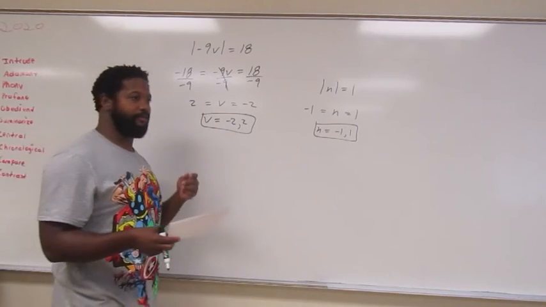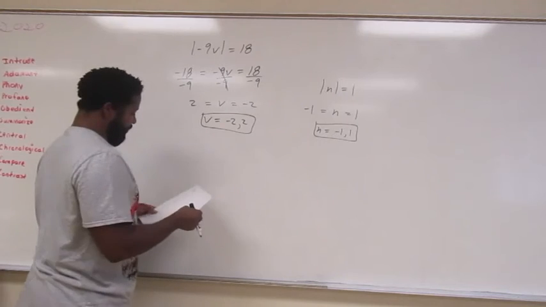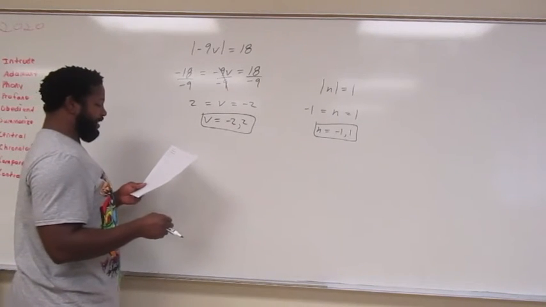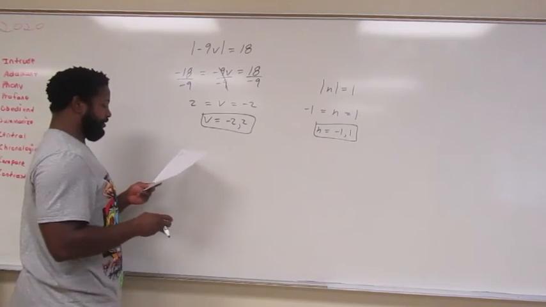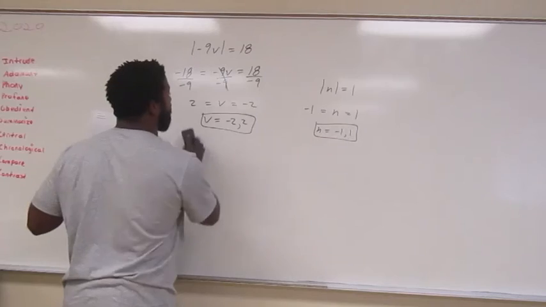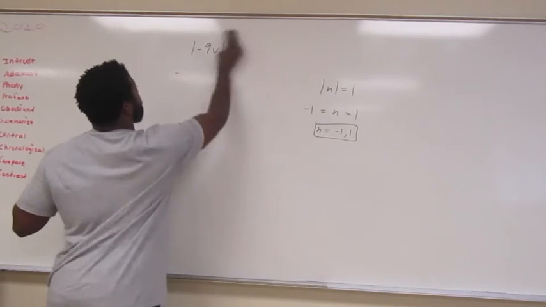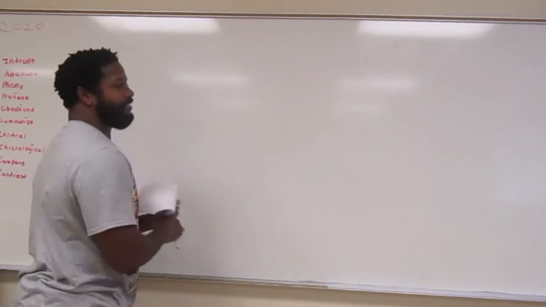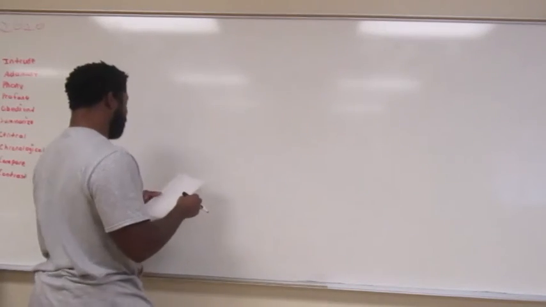You know what I'm saying? All right. Numbers 5 through 8, you have a part on the outside. Now, let me show y'all how to do this, okay?